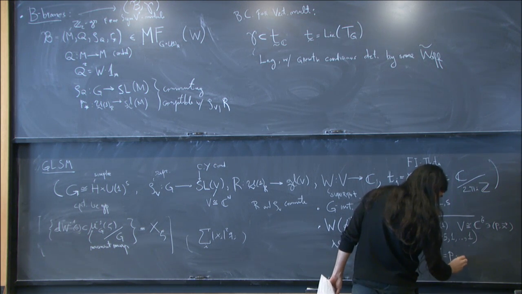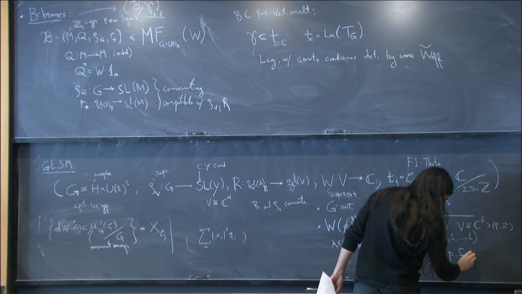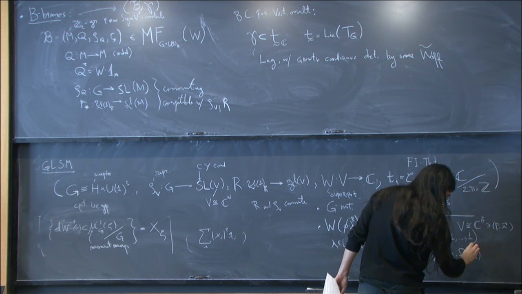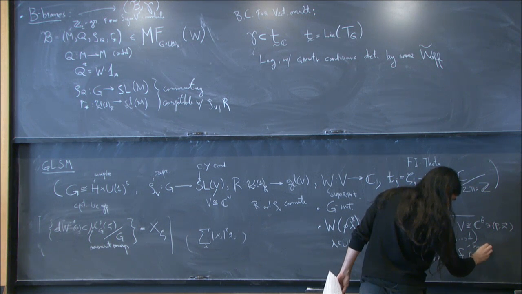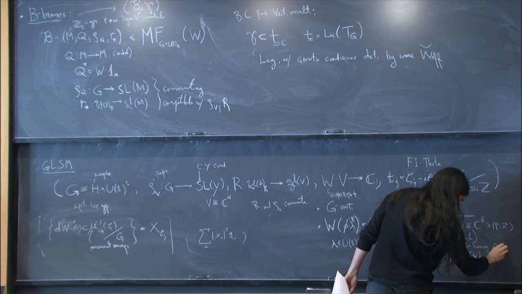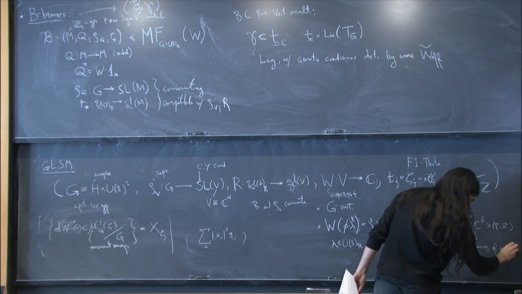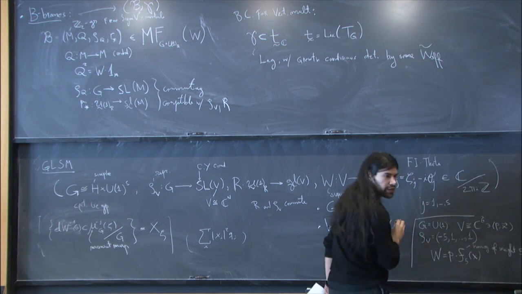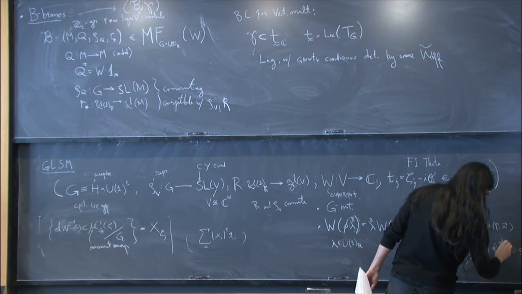So you can write W = P F5(X), where F5 is homogeneous of degree 5.